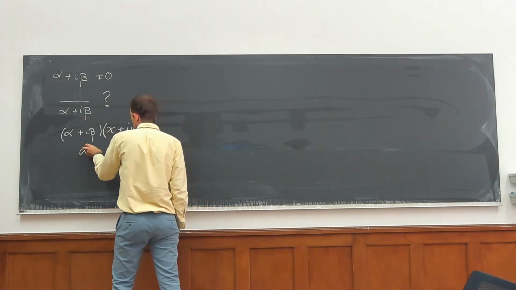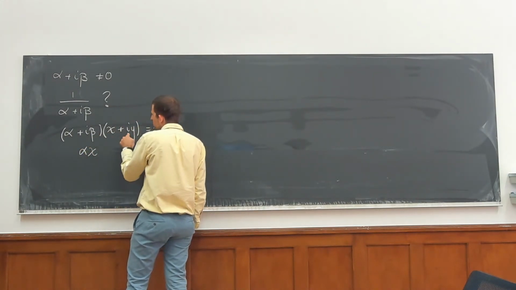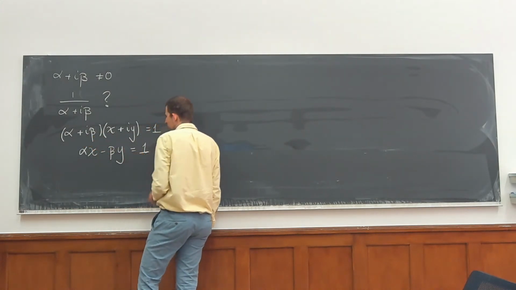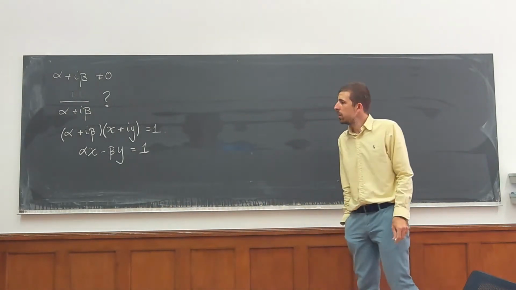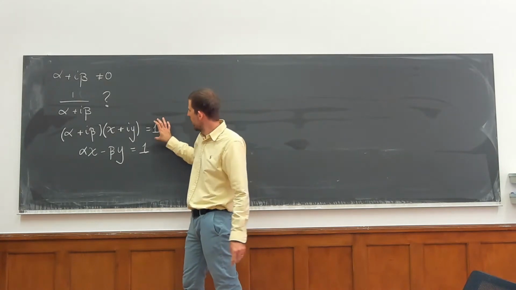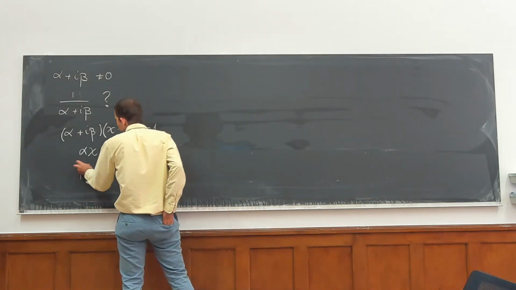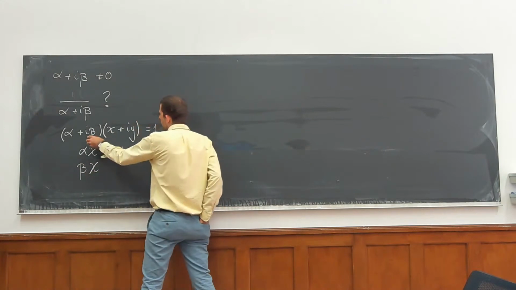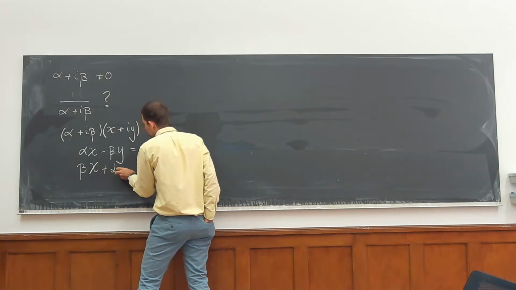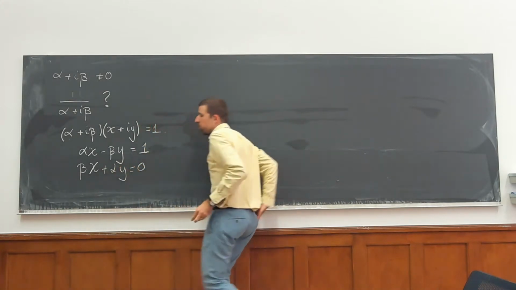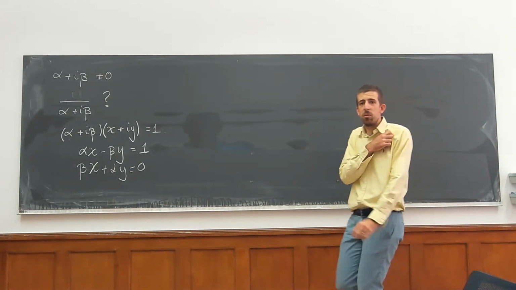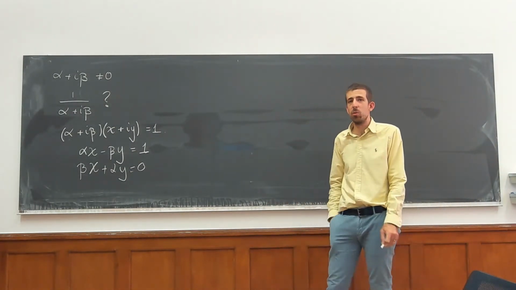This means that alpha x, plus this times this, which is minus beta y, needs to be 1. And the part with i needs to be 0, because this number doesn't have an imaginary part. So beta x plus alpha y needs to be 0. Okay, so now we have a linear system of 2 equations and 2 variables, so that's looking good. Usually they have one and only one solution.